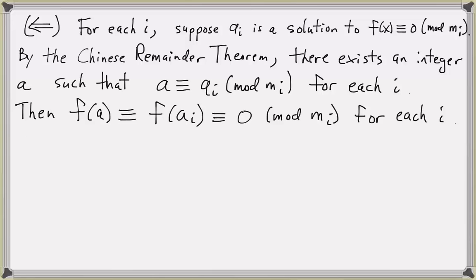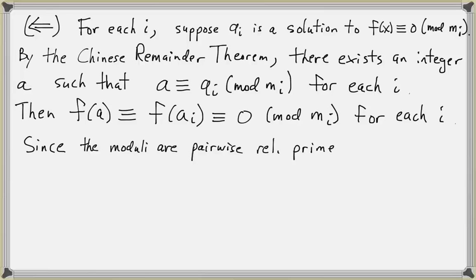but since all the moduli are pairwise relatively prime, we also have that f of a must also be congruent to 0 mod m.